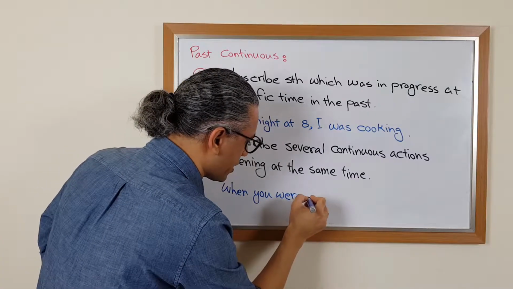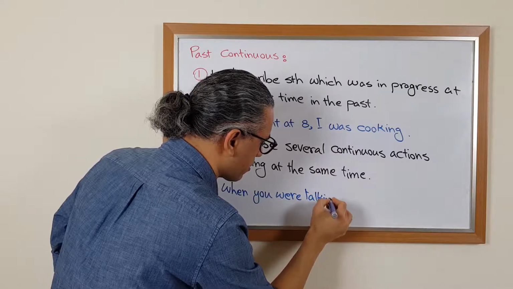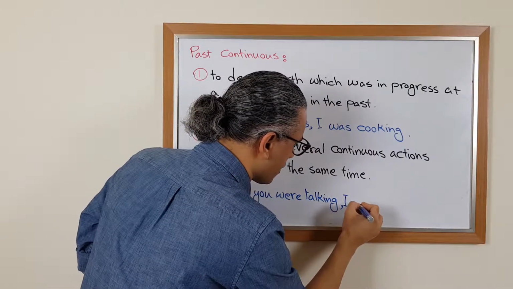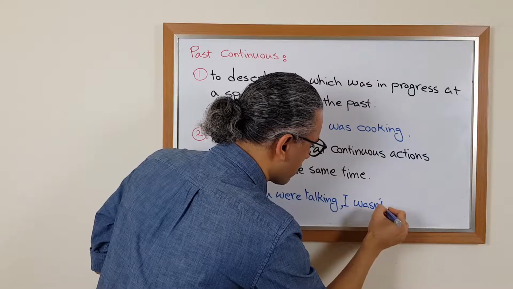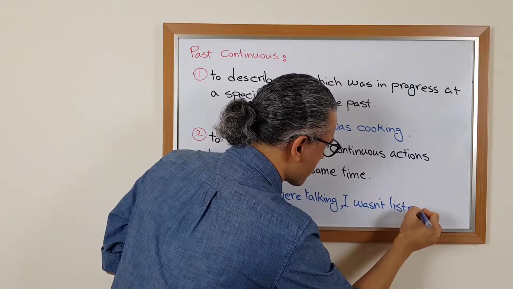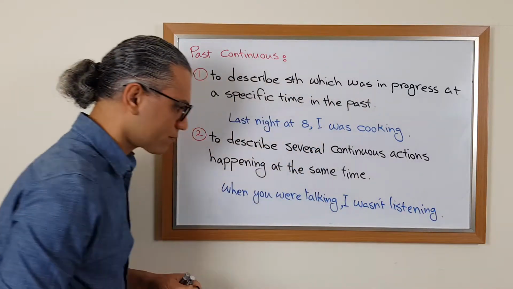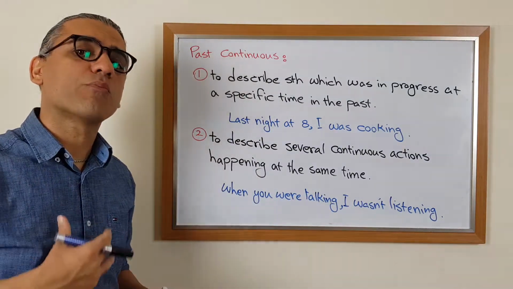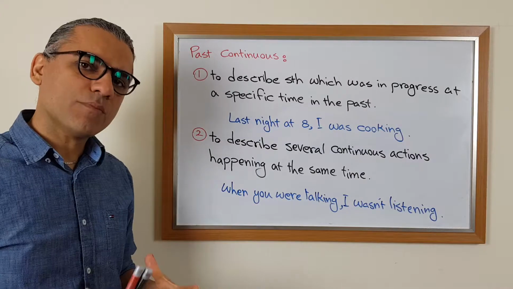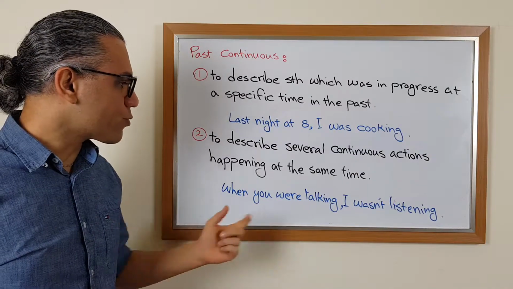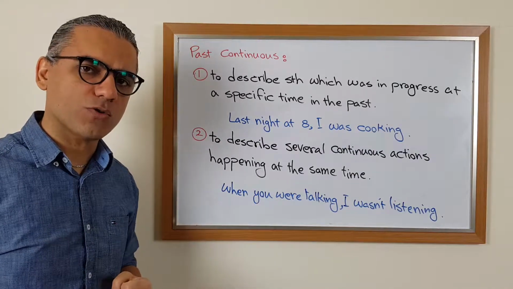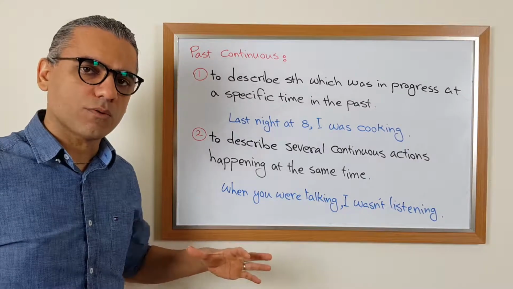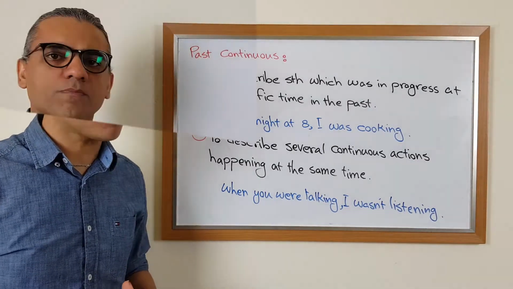When you were talking, I wasn't listening. Talking and listening are two actions which were in progress at the same time in the past, and we use two sentences in past continuous to describe these two actions happening at the same time.